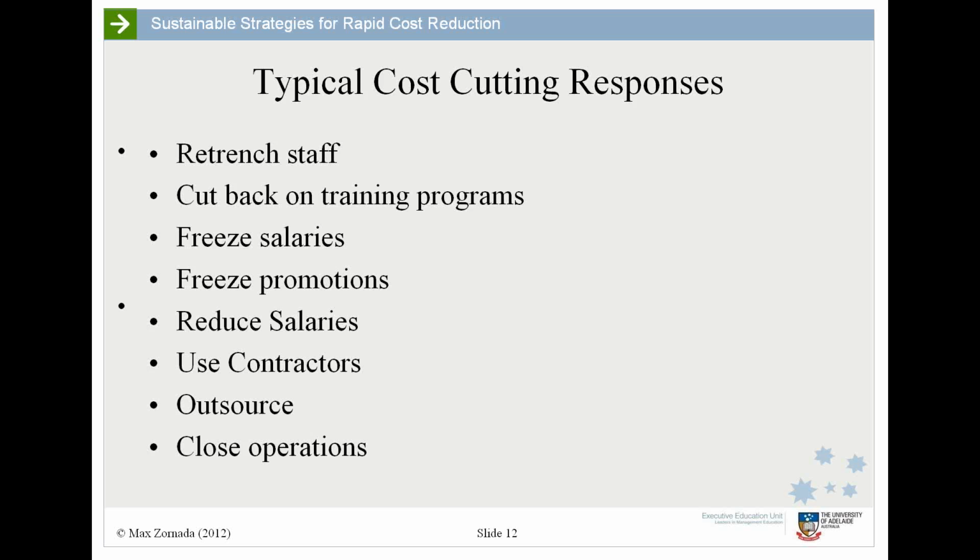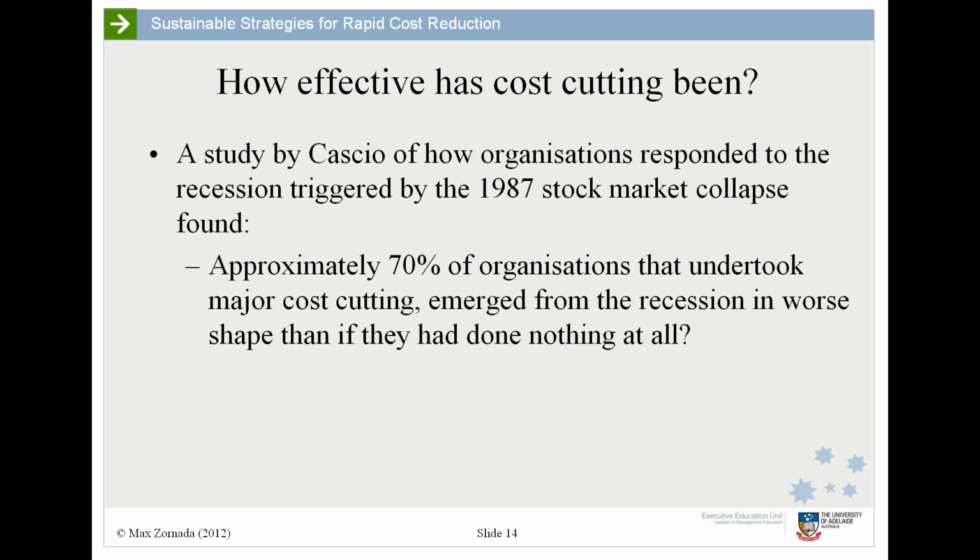One of the things I didn't put on this slide is Cascio said that 70% of the ones that undertook major cost cutting emerged from the recession in worse shape than if they'd done nothing at all. Now that's 70% of the survivors. Another statistic he had, which I couldn't find in my notes for this presentation, was that a lot of organisations just went bust, and one of the key causes was the damage they did to themselves through the cost cutting.